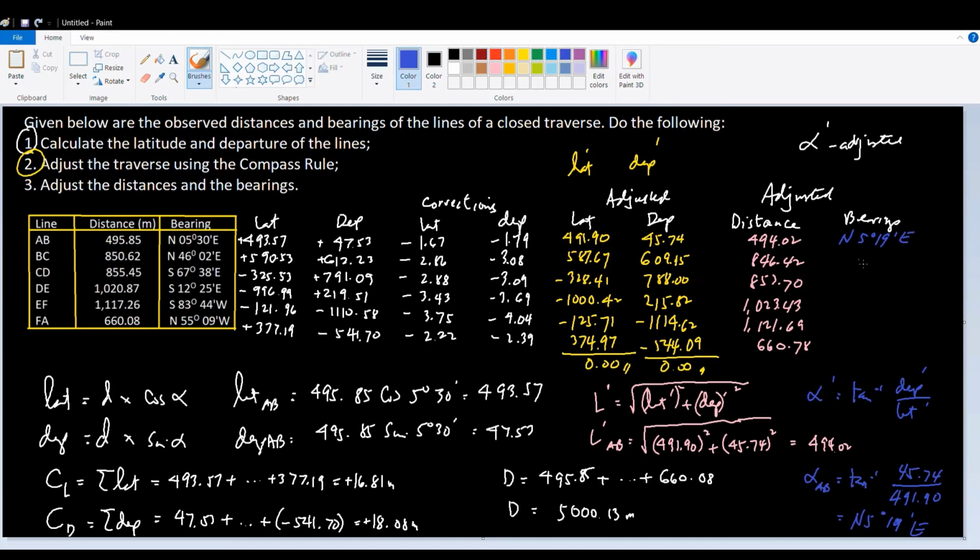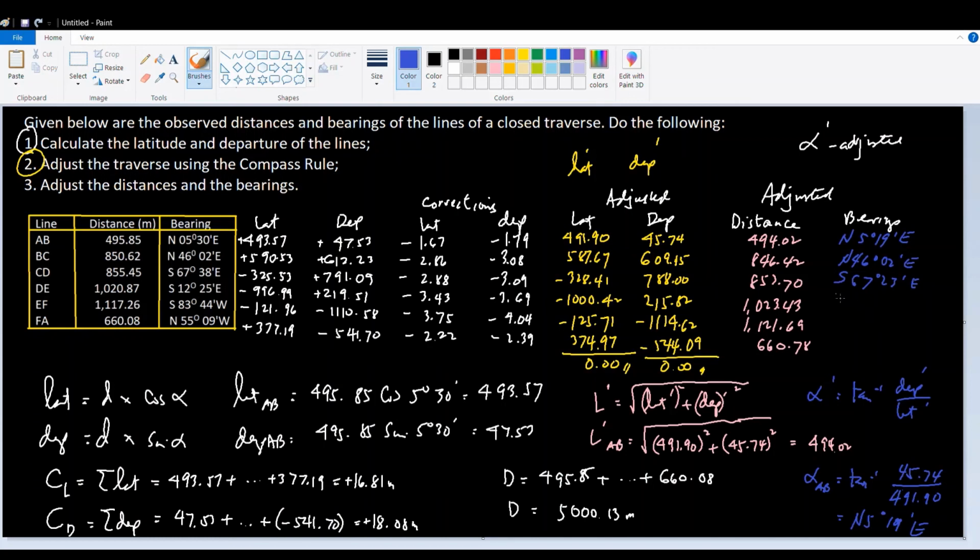For BC, it is 46 degrees 02 minutes, northeast also. For CD, it is 67.23 in the direction southeast.